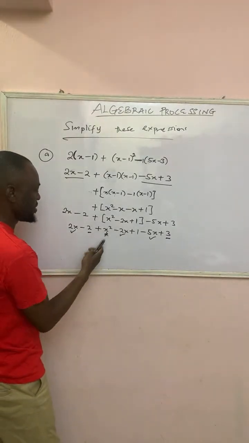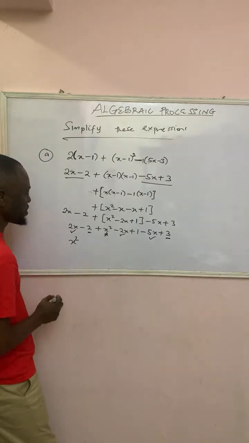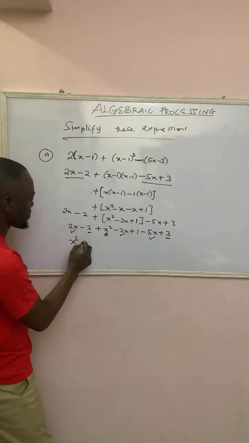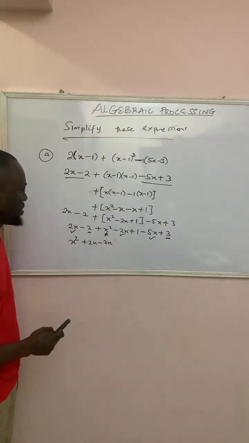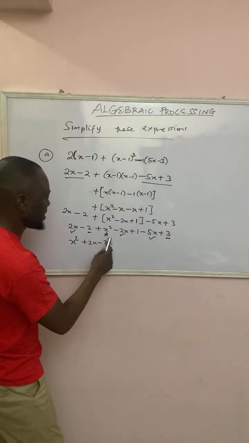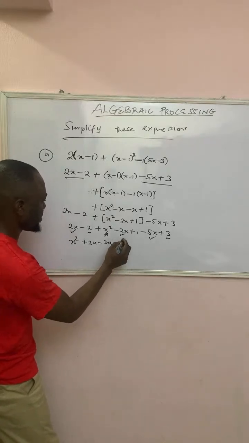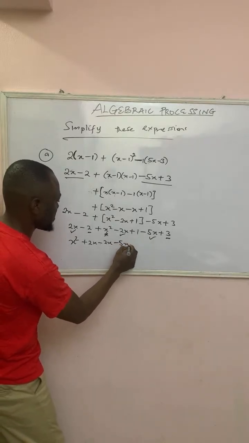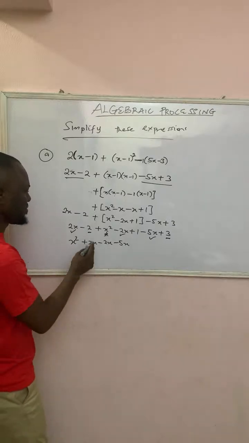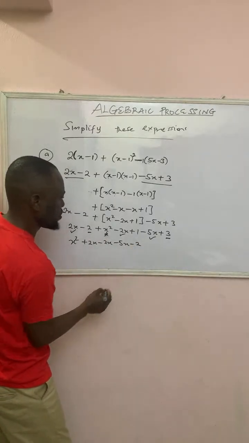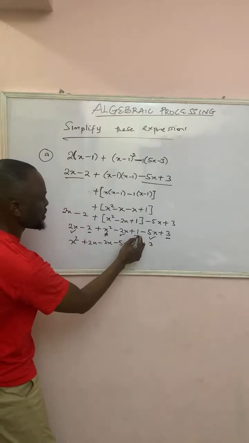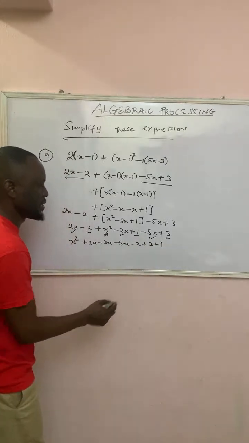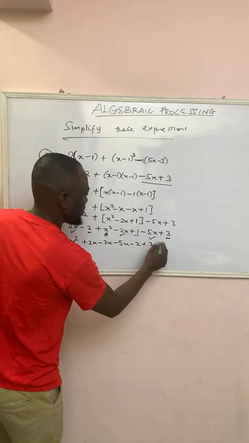I'll start with the highest power, which is x squared, and then I'll take plus 2x minus 2x, and then I have minus 5x, and then I have minus 2, I have plus 3, and there is also plus 1.